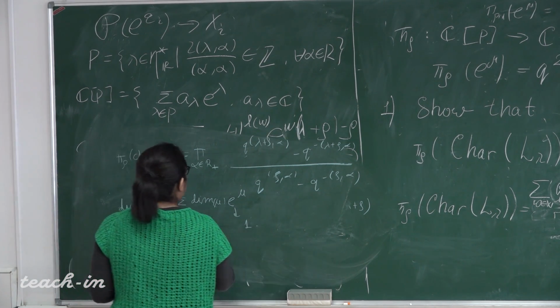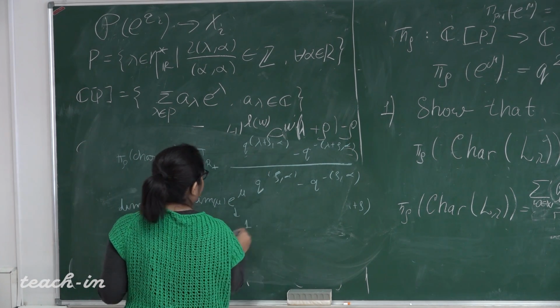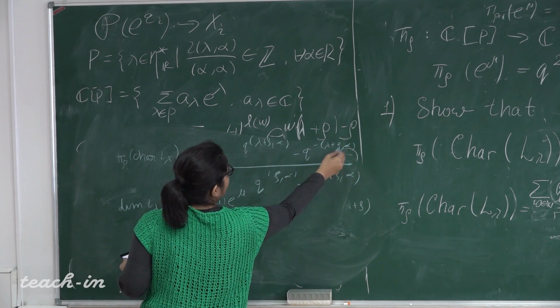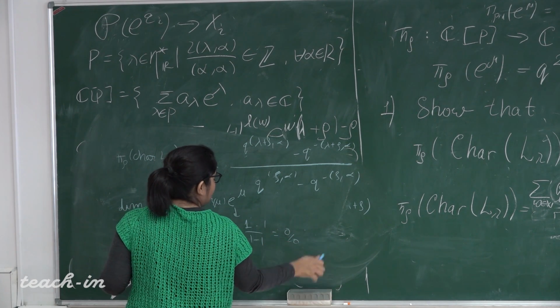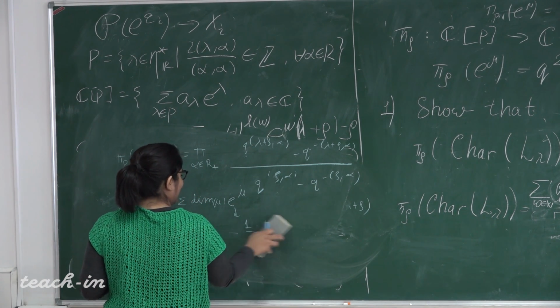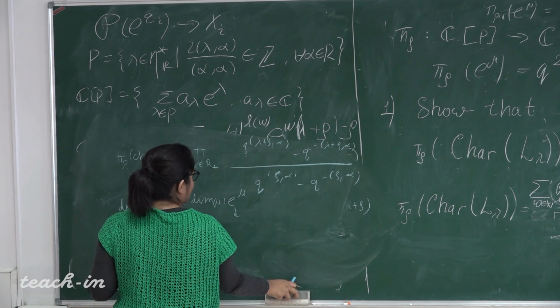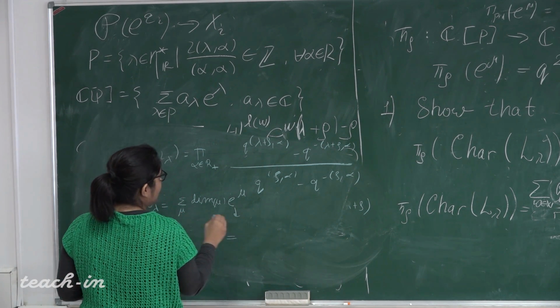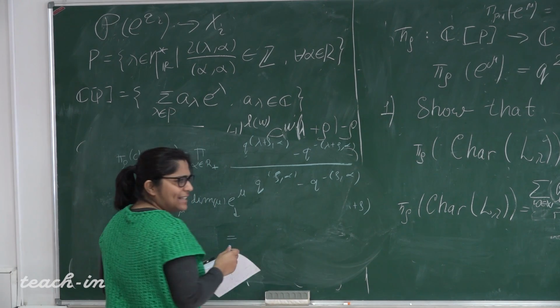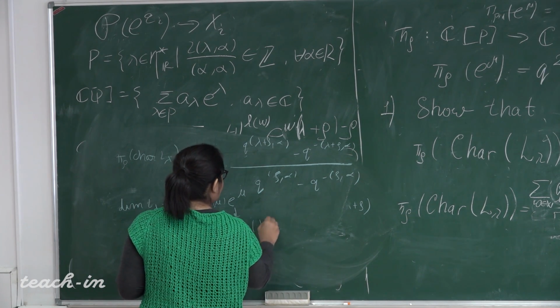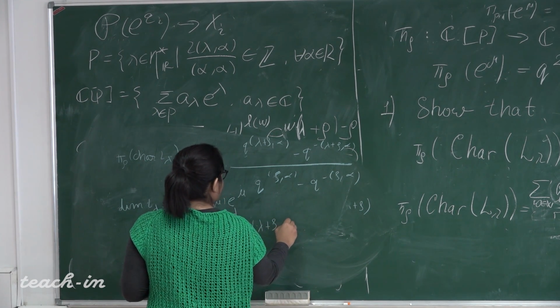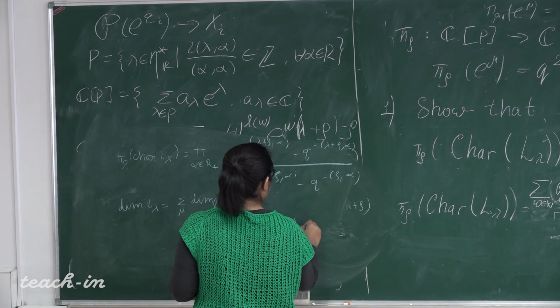So when we do that, essentially we have something like 1 to the power something minus 1 to the power something, so it's 0 by 0, and we can take the derivative of numerator and denominator simultaneously. It's called L'Hopital's rule. So we get lambda plus rho, comma, alpha.